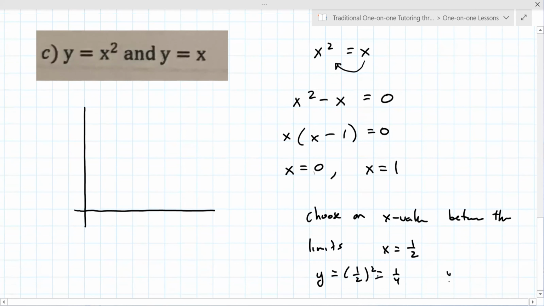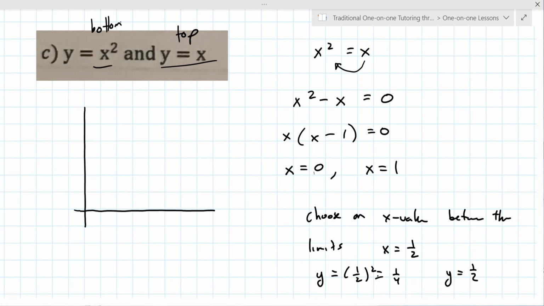And in the second case, y equals 1/2. Which is bigger, 1/2 or 1/4? It is 1/2. So what that tells you is this is actually the top function and this is the bottom function. Because if you choose the wrong top and bottom, you will get the negative of the correct answer. Does that make sense? So try not to do that. Try to pick this correctly.